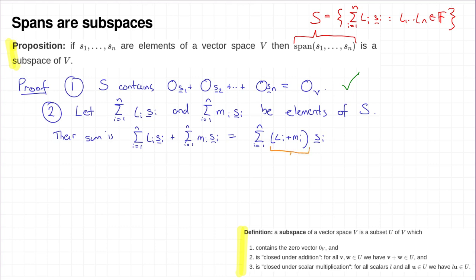This is some scalar, some element of our field F over which V is a vector space. So this is a linear combination of S1 up to Sn.